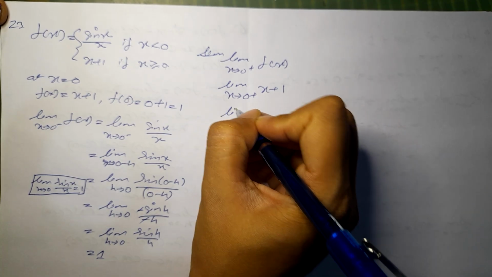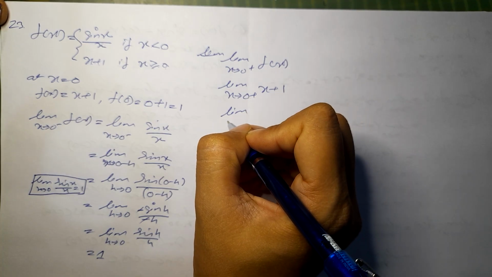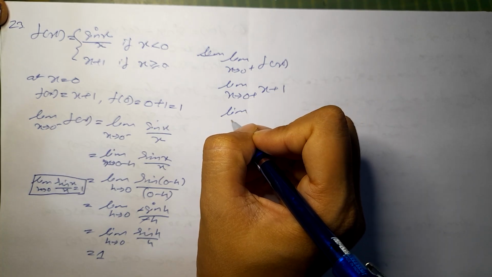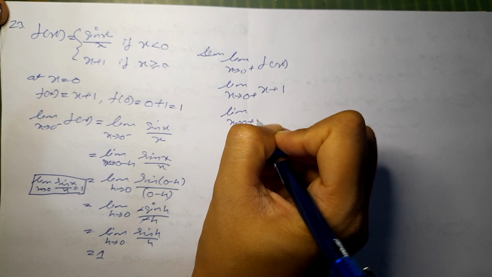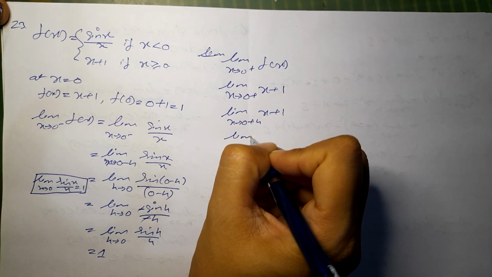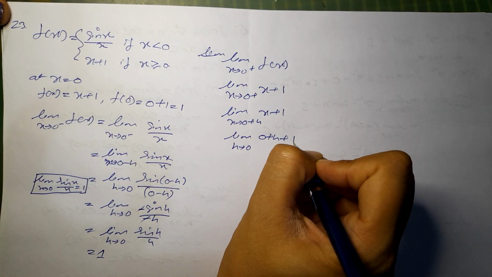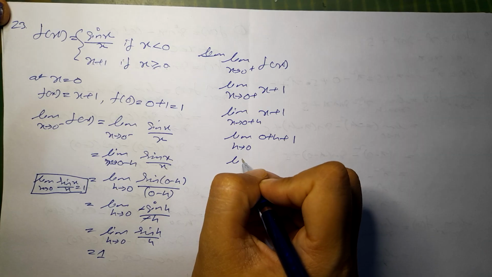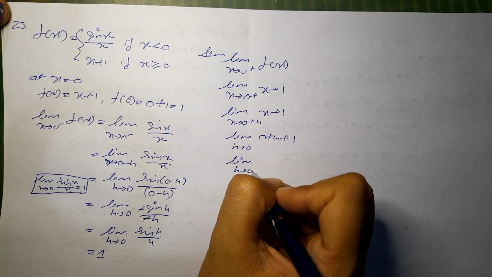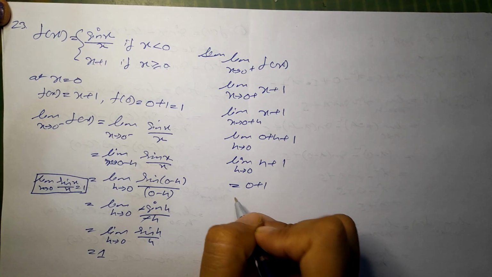Limit x tends to 0 plus h of x plus 1. So limit h tends to 0 of 0 plus h plus 1, which is 0 plus 1, so it will give 1.